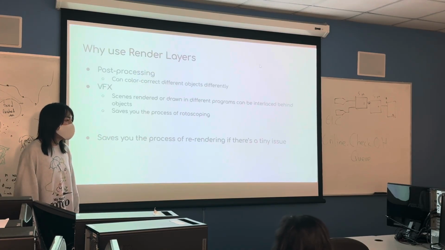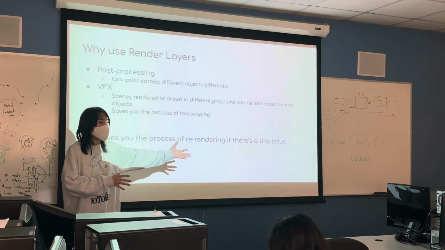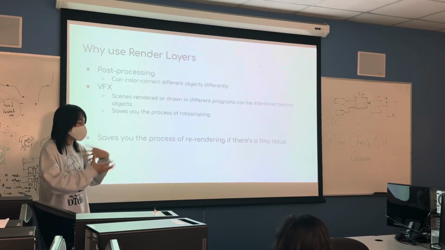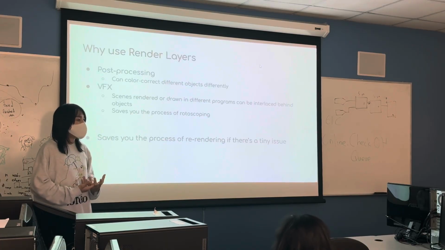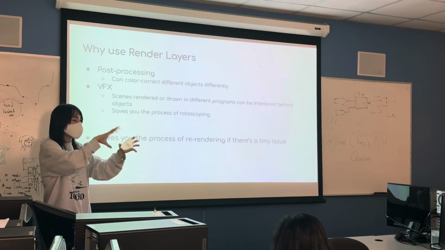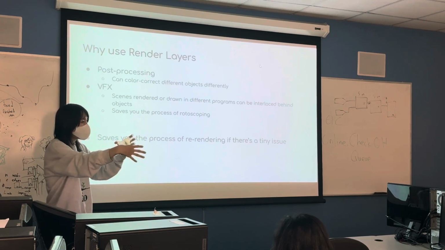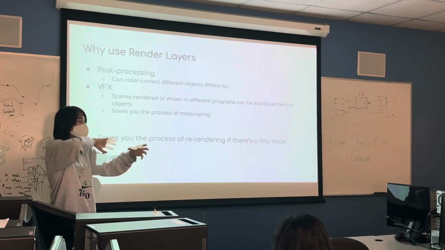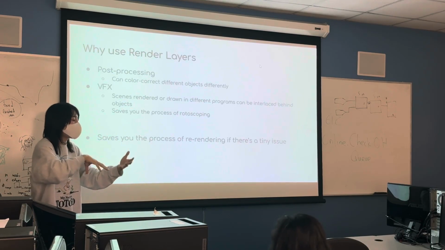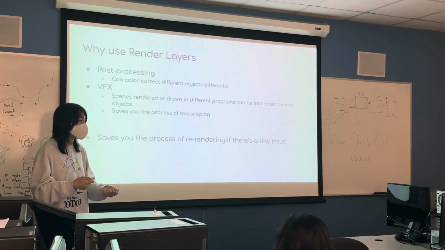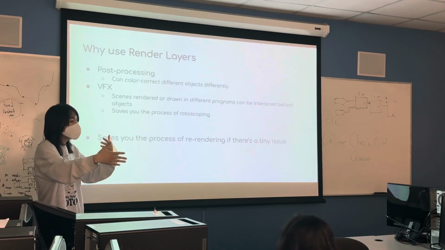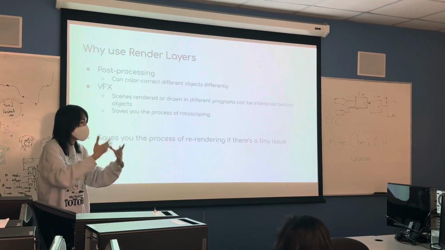So now I have this explosion, and I also have my render, and I want to put this explosion in my render so that it feels natural. But if it's just one image without render layers, then I can only put the explosion in front of everything, or completely behind the entire image where you can't even see it. So how do I sandwich this explosion between the foreground and the background? Well, you would have to use render layers. You would have to separate the background and the foreground so that you can put this explosion in between, or sandwich it.